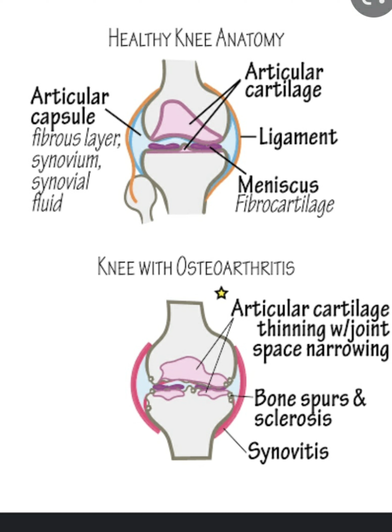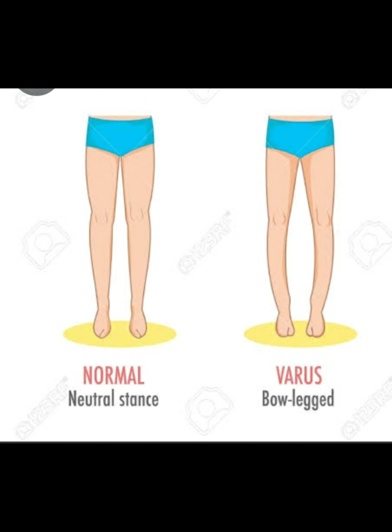As we can see, there is thinning, space narrowing, bone spurs, sclerosis, and decreased joint space.